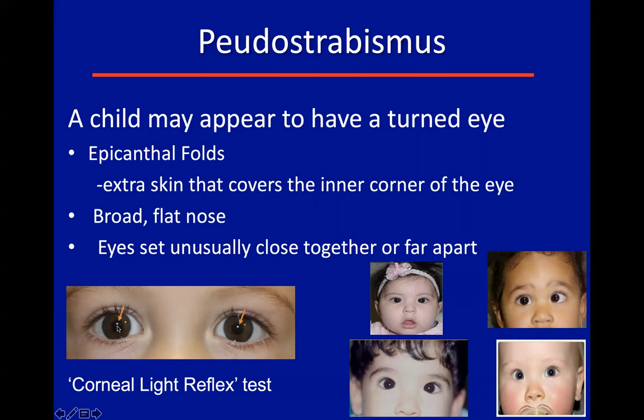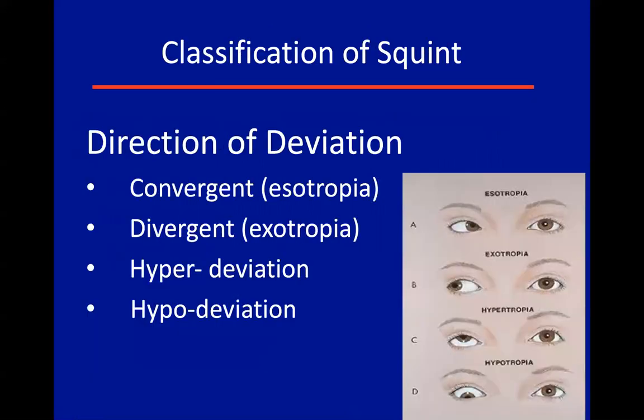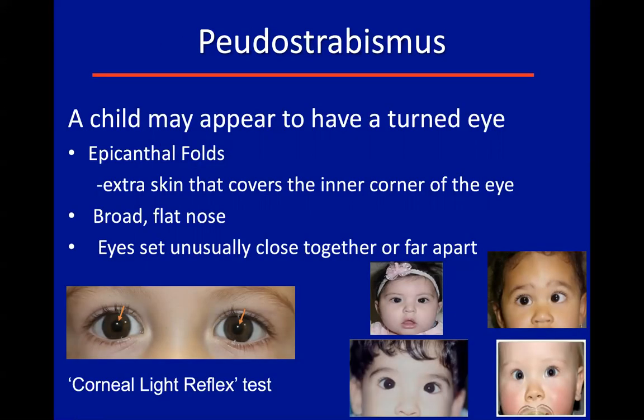When you have a pseudostrabismus, although it might look to the parents and to the relatives, or even to the doctor who's not an ophthalmologist, that he has strabismus, but if you look at the light reflex, interestingly, you will see it in the middle, again in the middle, again in the middle, and again in the middle.